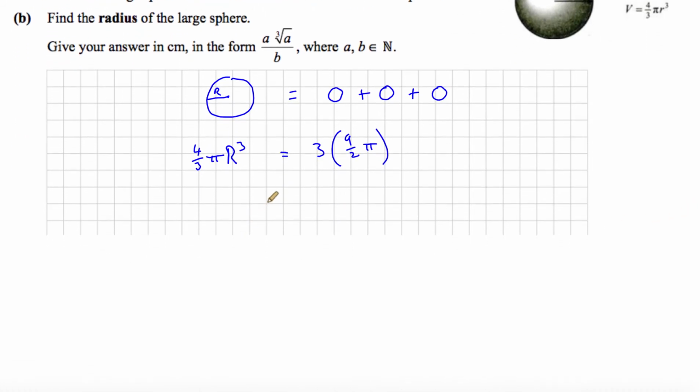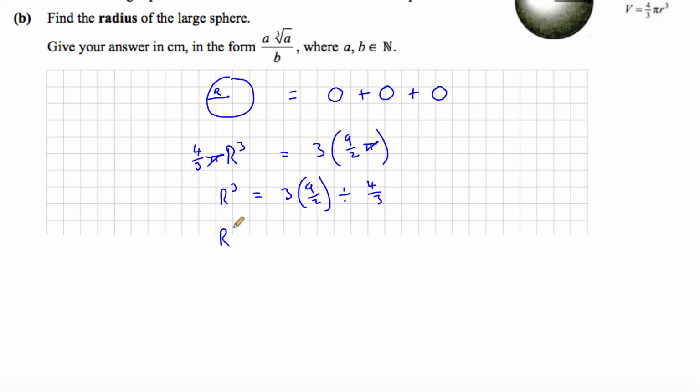Okay, so that means then, if we're looking for r cubed, well, we've set up this equation now. We can cancel pi on both sides. And we can then say that r cubed is equal to 3 by 9/2 divided by the 4/3 on the left there.